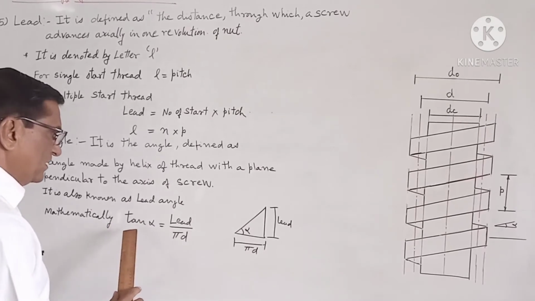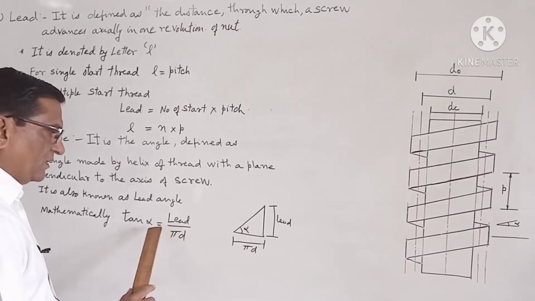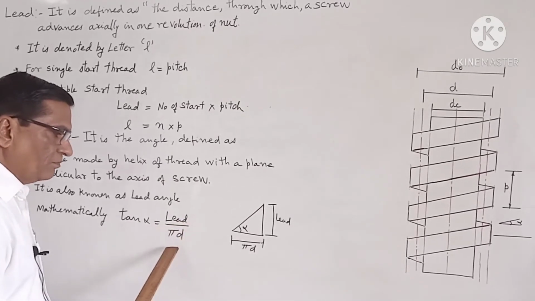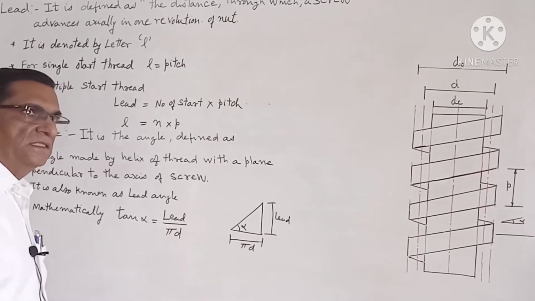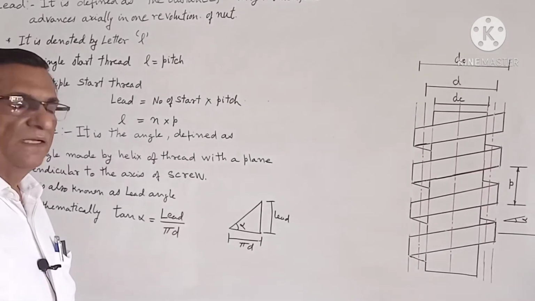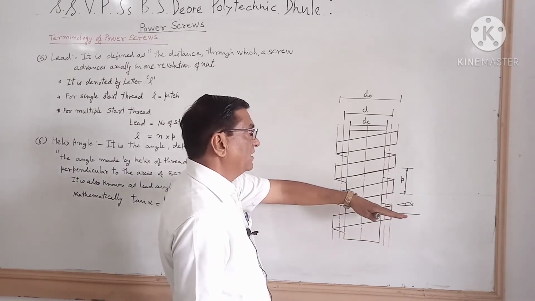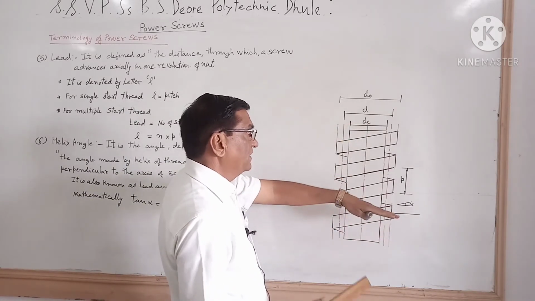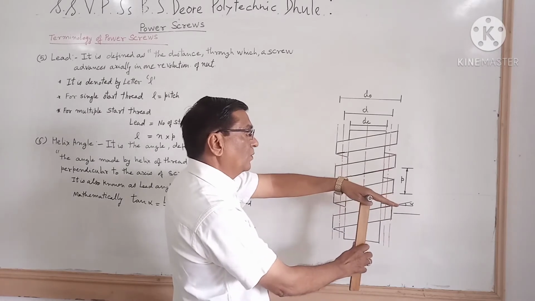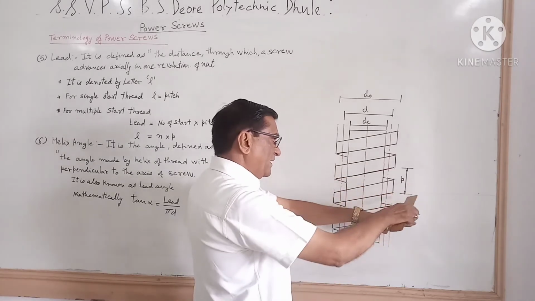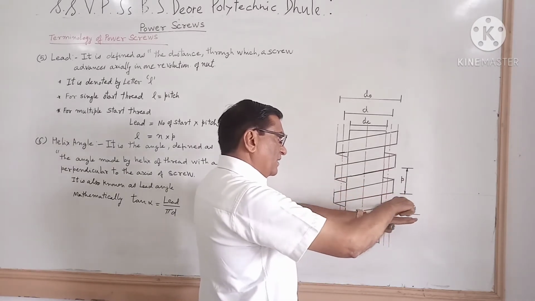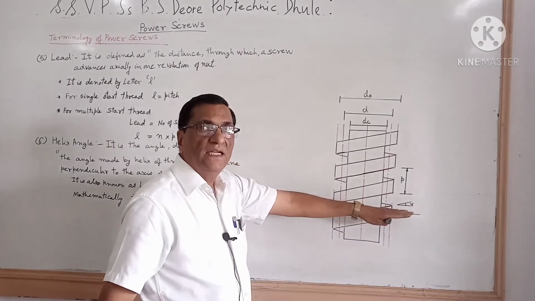Mathematically, tan alpha is equal to lead upon pi d, where d is the mean effective diameter. This is the perpendicular plane to the screw, and this plane makes an angle with the threads. This angle is known as helix angle.